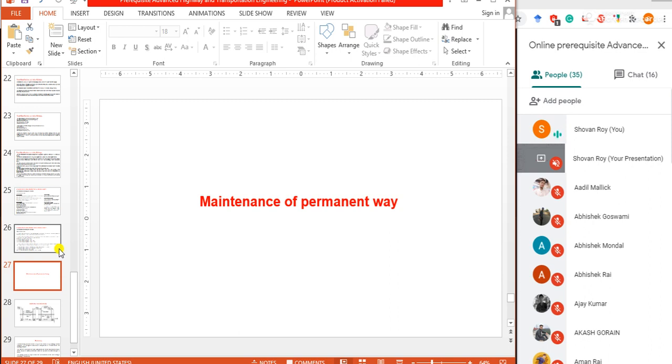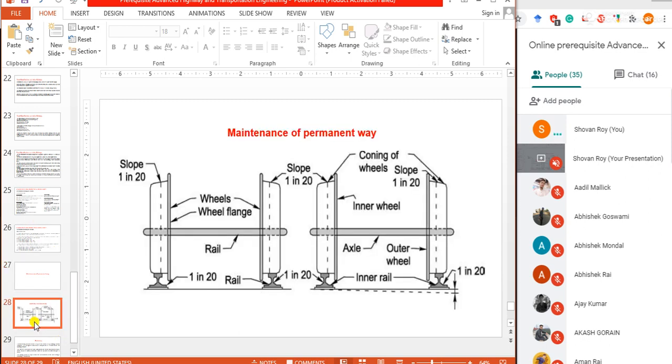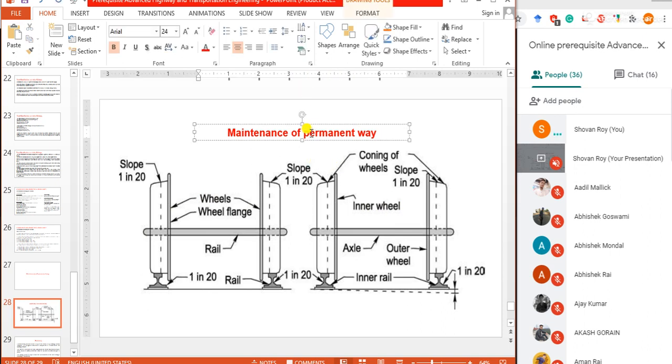After this, in the requirement of maintenance of the permanent way, one part, sorry, I have written here wrong. This is the coning of wheels.